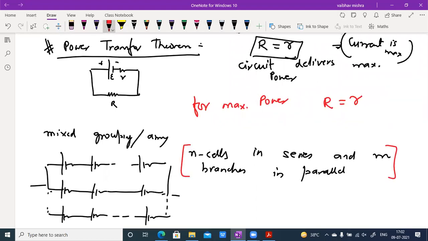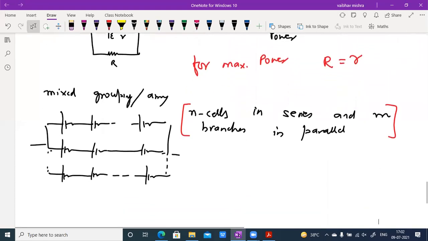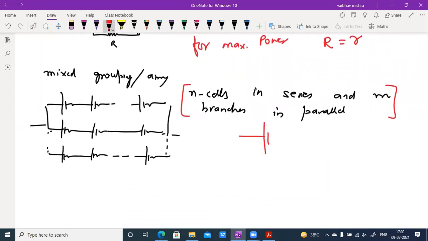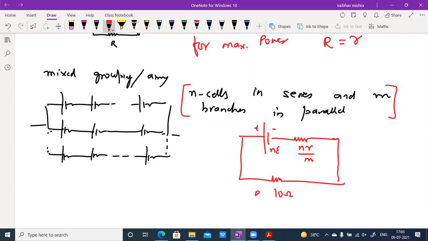So n cells in series, it becomes n times E. इसका जो equivalent आया था, that becomes nE. Each branch has internal resistance of nr, but as there are m branches, it becomes nr by m. Now this is the equivalent circuit that has to be used. External resistance is 10 ohm. For maximum current, external resistance की value internal resistance के equal होनी चाहिए.